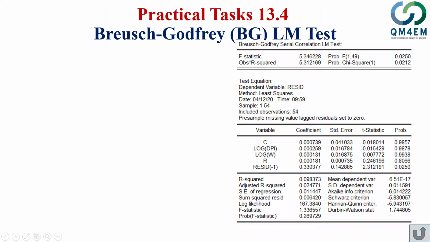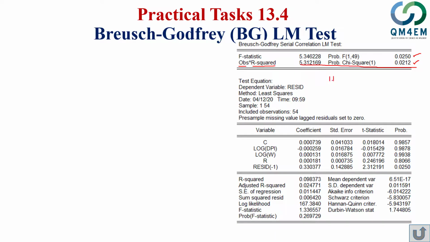This was the result we obtained from EViews while running the LM test, or BG LM test. We focus first on the chi-square part. Look here, the number of observations multiplied by R-square is statistically significant at 2%. Look at the F-statistic. This is also statistically significant.